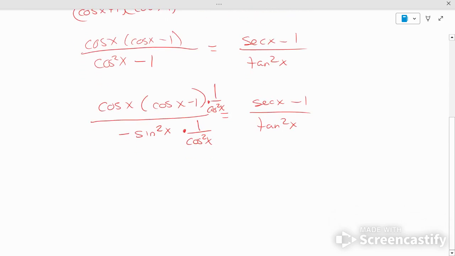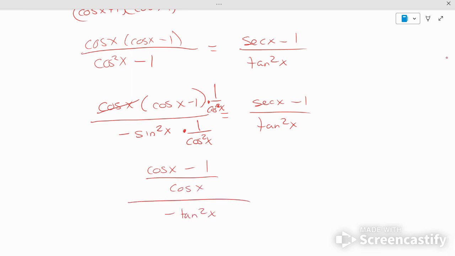What happens on the top is this cosine and one of these cosines cancel. So I have cosine of x minus 1 over cosine of x over negative tangent squared of x. That's what I have.